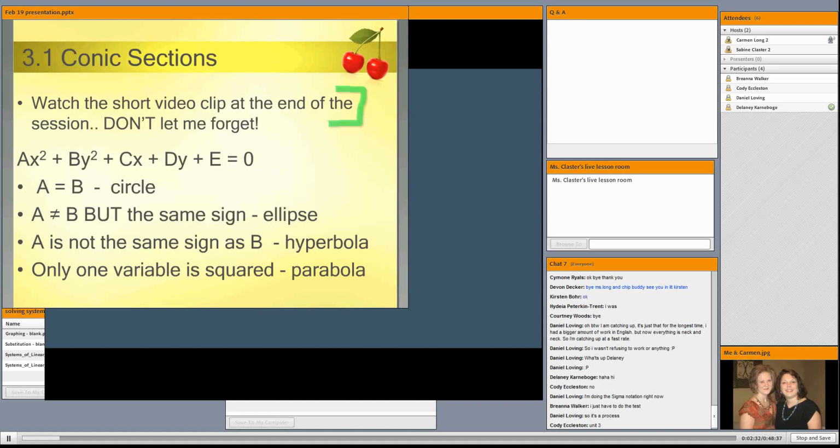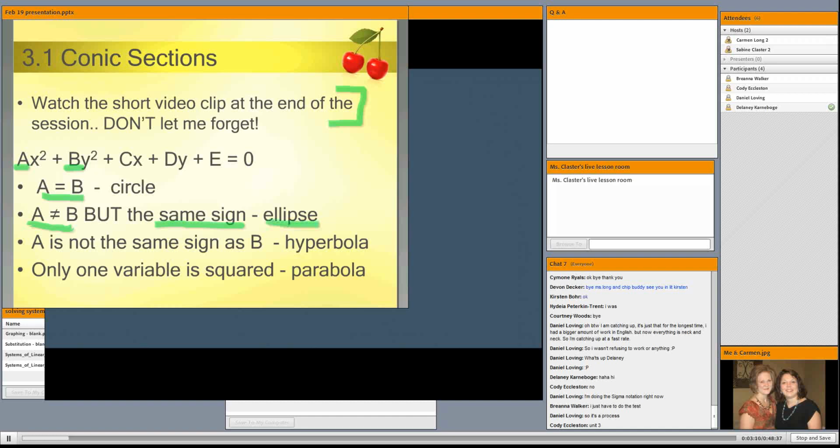So when you're looking at an equation in this format, like 2x squared plus 17x minus 14x plus 22y minus 17 equals 0, if the coefficients A and B are not the same, but they're the same sign, so both positive or both negative, then it's an ellipse. Okay?